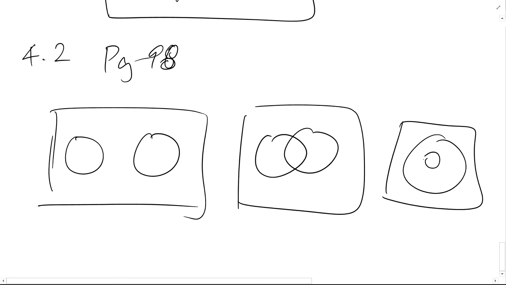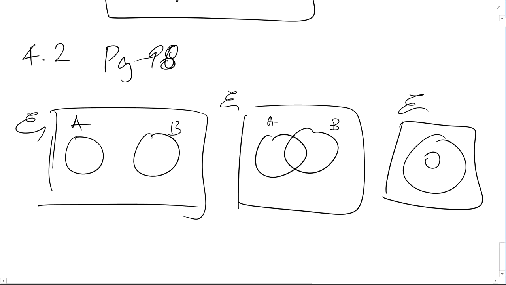These are three separate Venn diagrams. Inside A and B, for the first diagram, are there common elements? No common elements. Now I will use this phrase: does set A intersect set B? They don't intersect. What about in the second universal set, A and B? Do they intersect? Yes. So they have some elements in common.